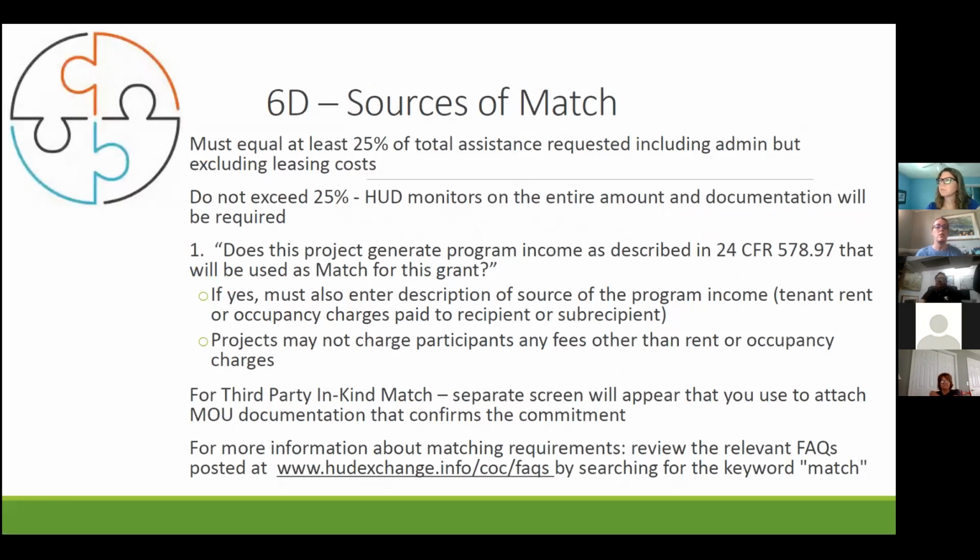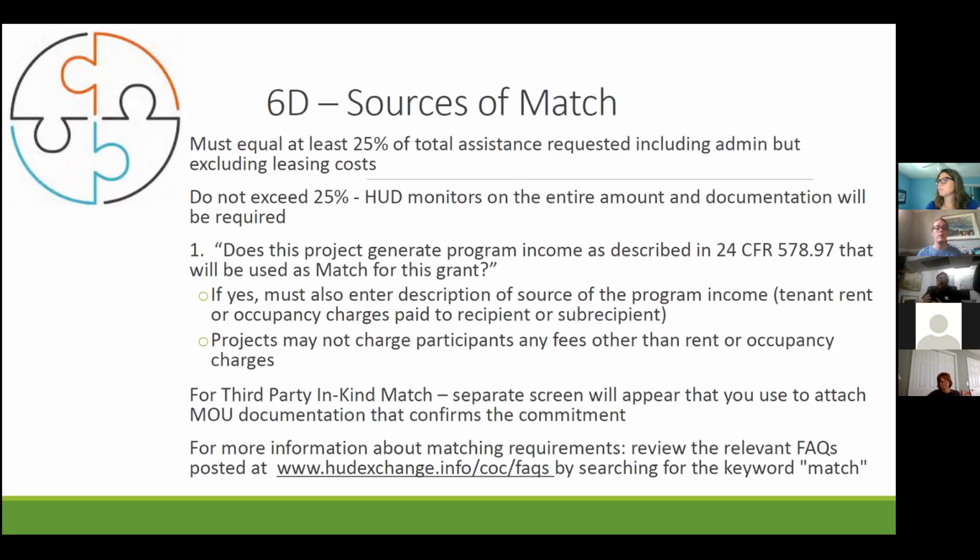Sources of match. We always recommend going at 25%. Don't exceed it. 25% is the minimum you have to put here for all your grant funds minus leasing costs. If you're leasing, as Gary does, he doesn't have to worry about a match for leasing. But for everyone else, it has to be 25% for your match.